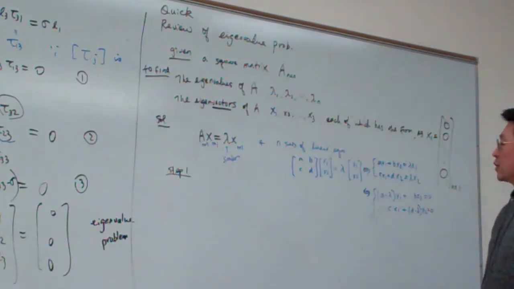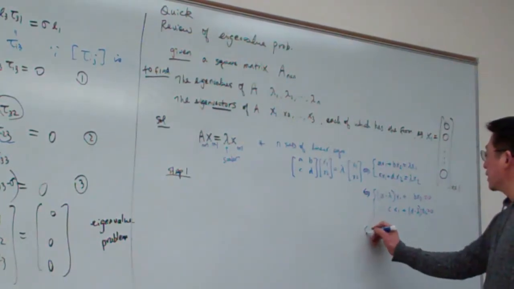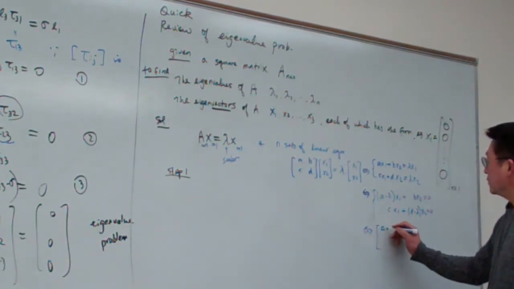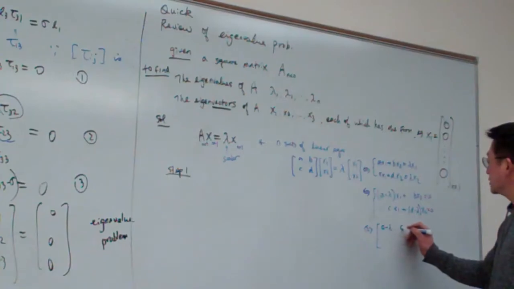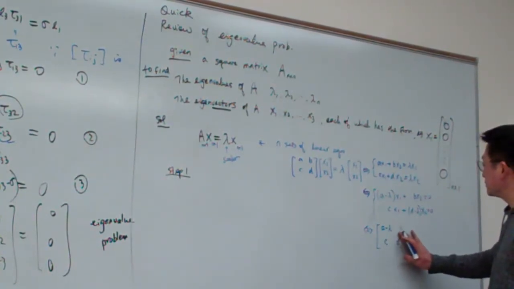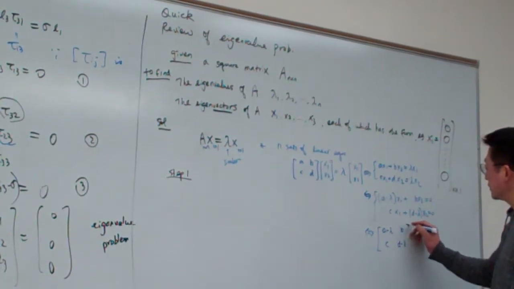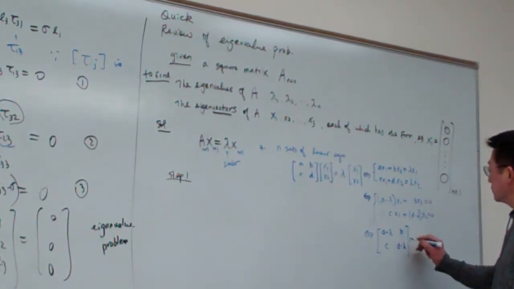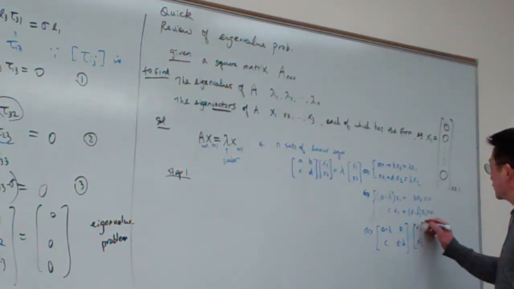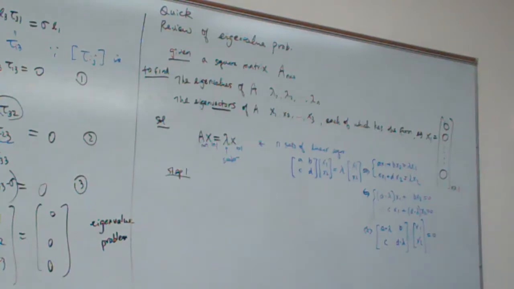So this form we can rewrite as the matrix with a minus lambda, b, c, d minus lambda, times x1, x2, equal to 0.